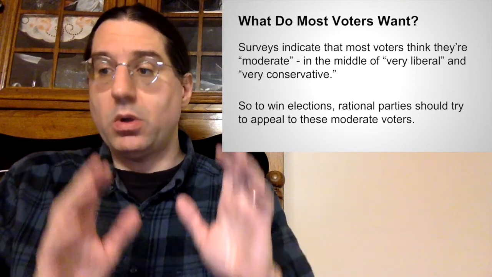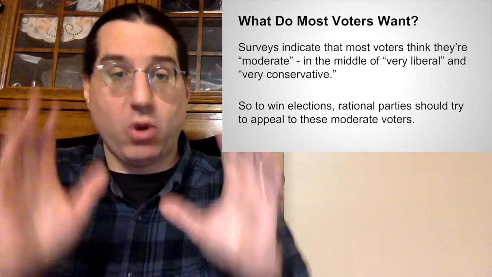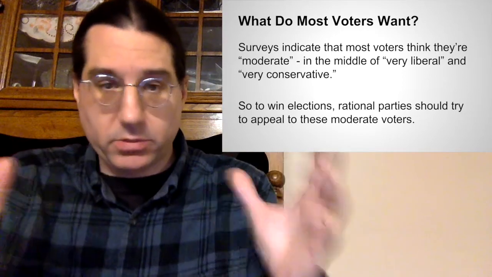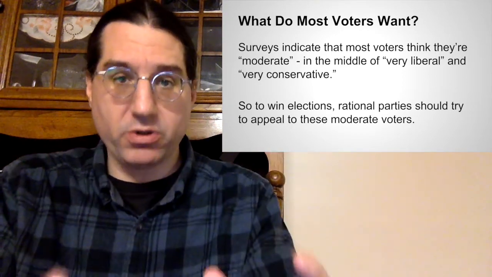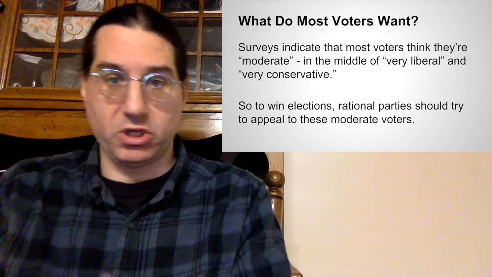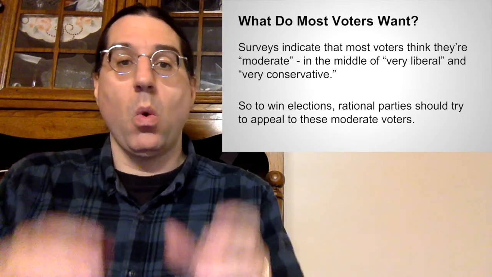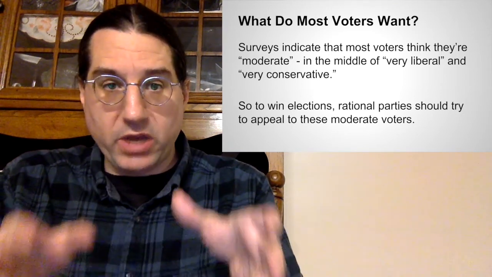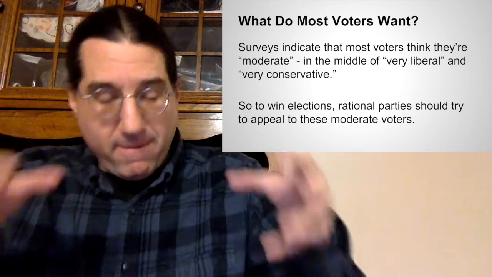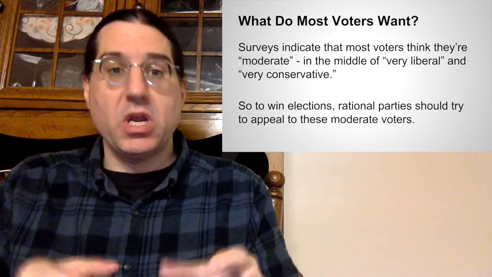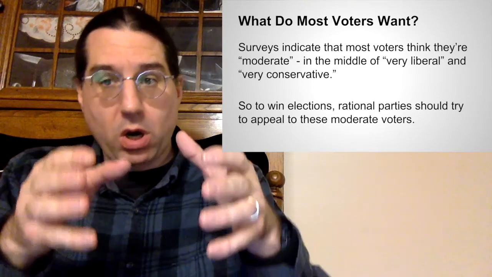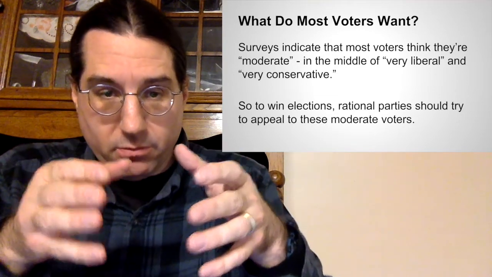So, rationally, according to logical thinking and rational choice theory, if the big chunk of voters are in the middle between liberal and conservative, then what you want to do is plan and make your pitch to the voters saying that you're most in the middle.